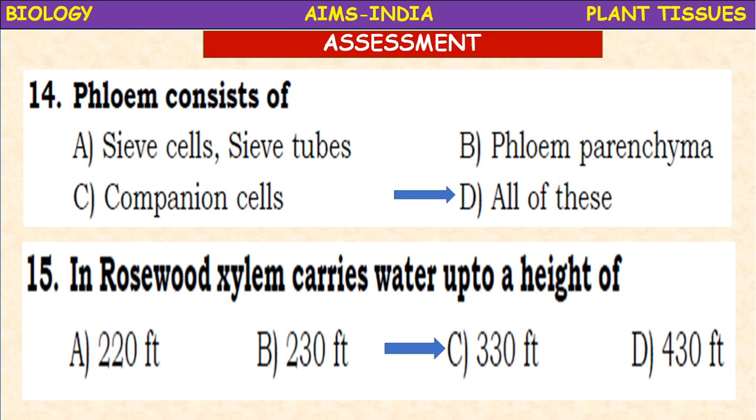How does the water reach? So this is ascent of sap. It involves several phenomena, diffusion, osmosis, root pressure, transpiration, which help the water to reach the tip of the stem. Okay.